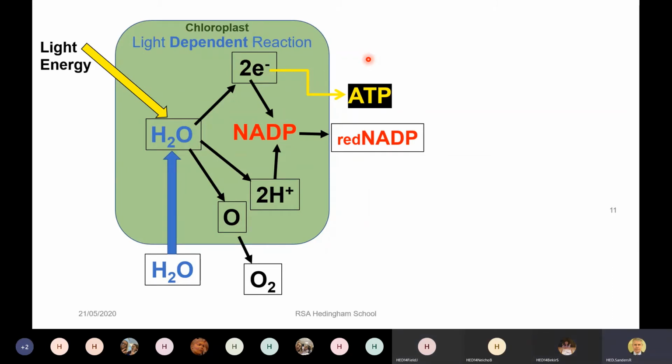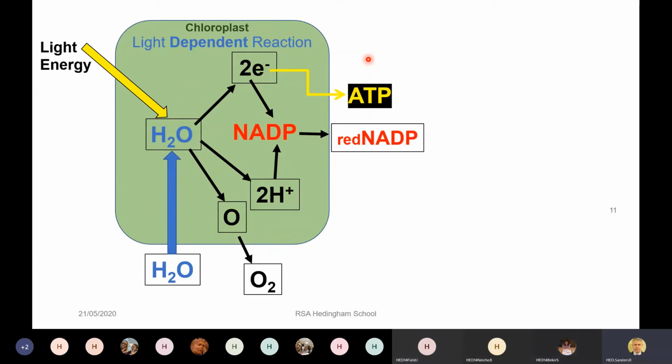And we've got three products: one is oxygen, one is ATP, and one is reduced NADP. I suppose you could say the things going in are NADP and ADP, because they have to get turned into ATP and reduced NADP. But, simplification.